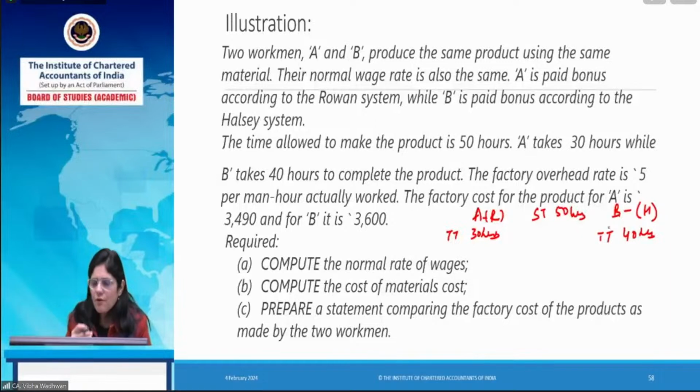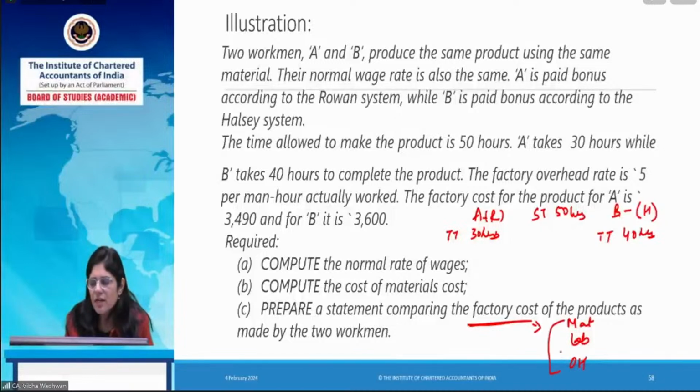So this is how you note down the important information, so that it helps you understand the question better. The factory overhead rate is 5 per hour actually worked. Factory overhead rate is given because you have to calculate factory cost. So how to calculate factory cost? Material, labor, and overhead.